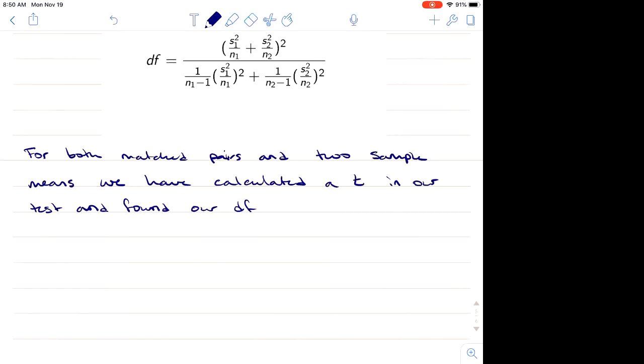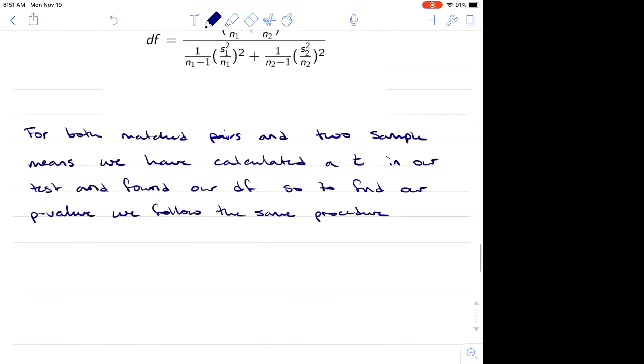So to find our p-value, we follow the same procedure as we did for one sample means.